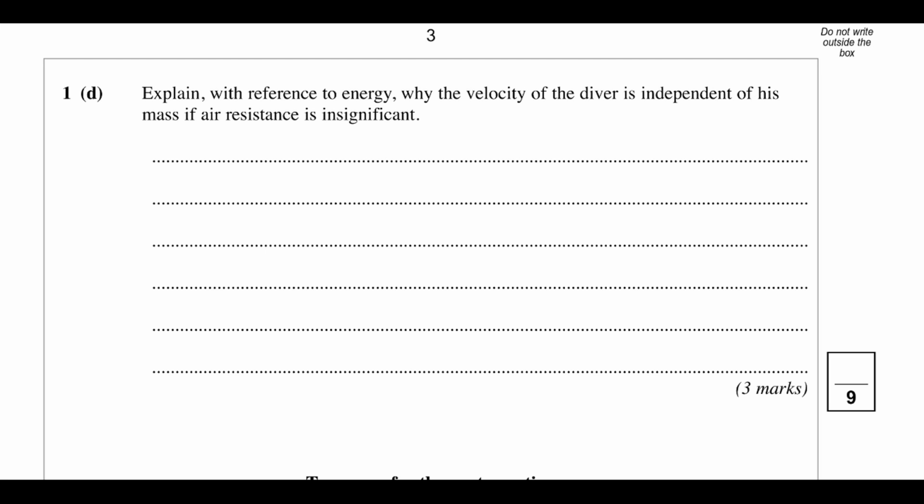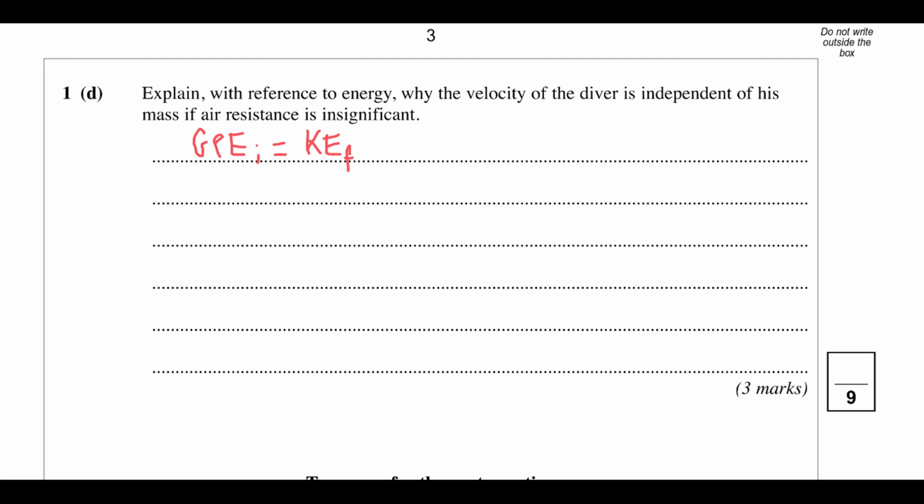Explain with reference to energy why the velocity of the diver is independent of his mass if air resistance is insignificant. So in terms of conservation of energy, what we are applying is that essentially the initial GPE is equal to the final kinetic energy, because it has no kinetic energy to start with and no GPE at the end, and there's no work done against air resistance to introduce another term.